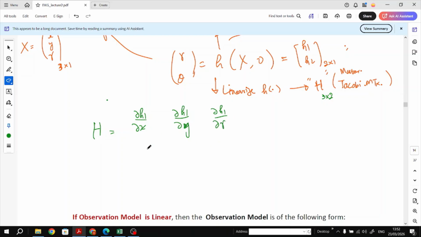That will be the first row. Similarly, take the second function, calculate partial derivative with respect to the first state variable, second function and second variable, and second function and third variable.